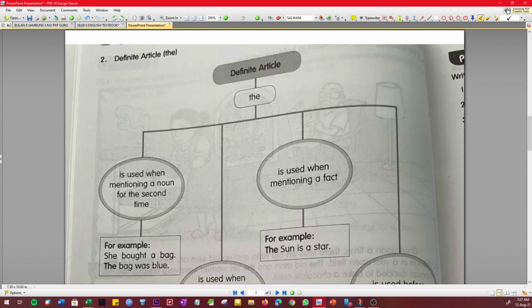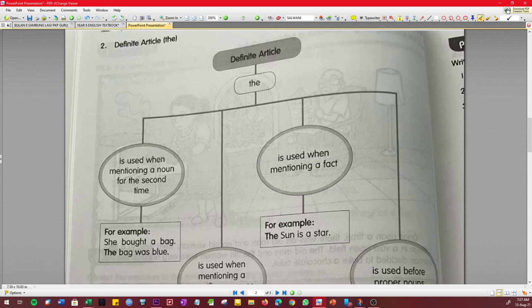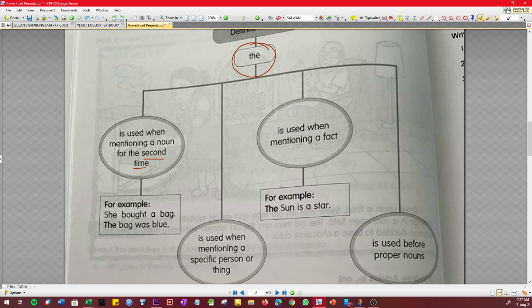Next, definite article, the. Only the. Is used when mentioning a noun for the second time. The keyword here is second time. Kali kedua. For example here, she bought a bag. The bag was blue. Can you see the difference between the first sentence and the second sentence?